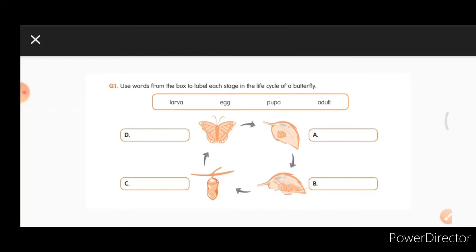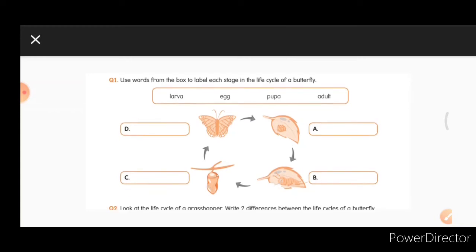What is C and what is D? A, B, C, D, in the right order. So, in the box of A you can write egg. In B you can write larva. Then in C you can write pupa. In the D box you can write adult.